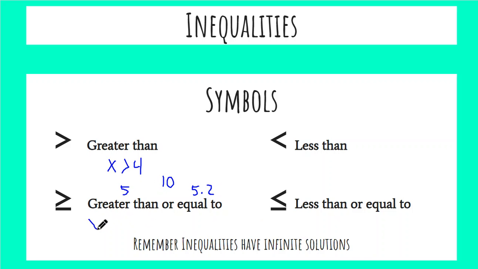Let's say it was x is greater than or equal to 4. That means my solutions could be 4, it could be 5, it could be 11, it could be 1,000, right? Any number bigger than 4, or greater than or equal to 4, I should say, for that one, could be a solution. So remember, inequalities have infinite solutions.